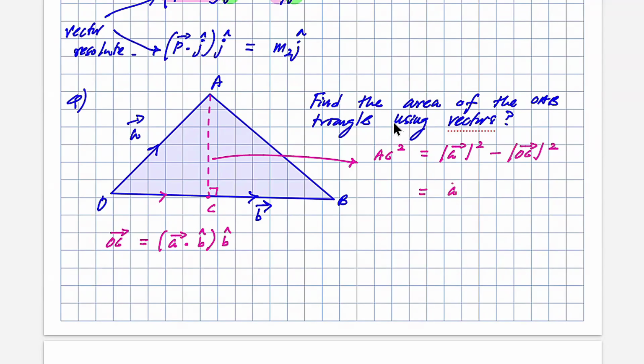So this is going to be A vector squared minus OC, which is A vector dot B hat, squared, and that is AC squared. Now area would be half times base, which is B vector magnitude, multiplied with AC. AC is going to be the square root of this dude.